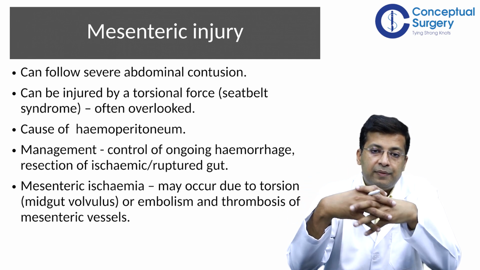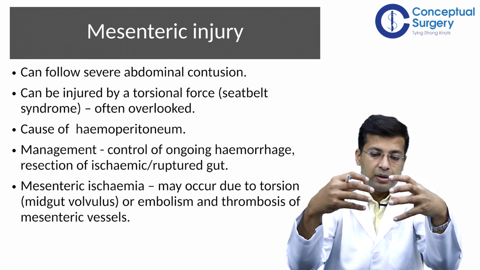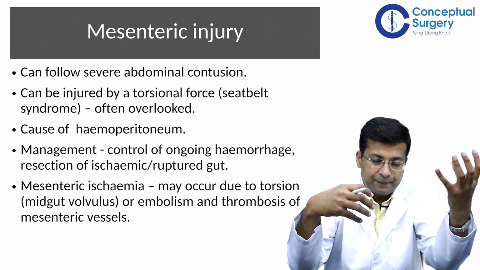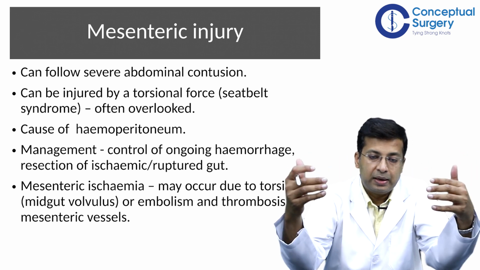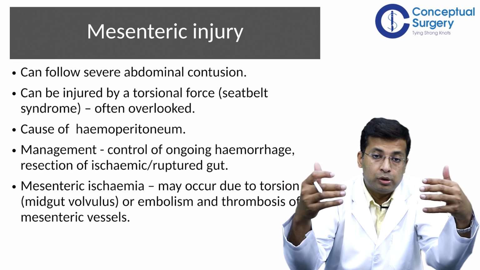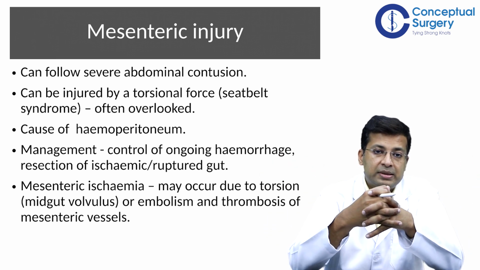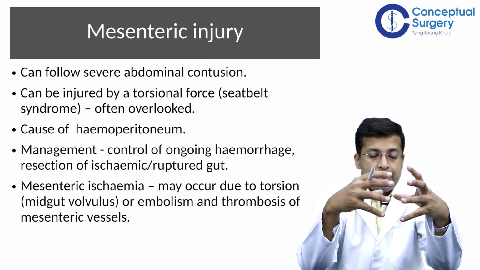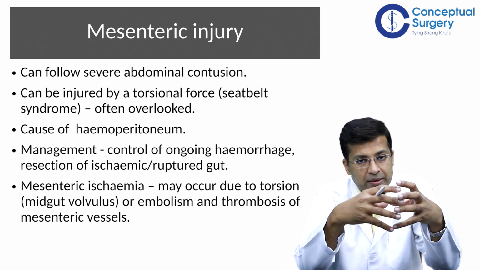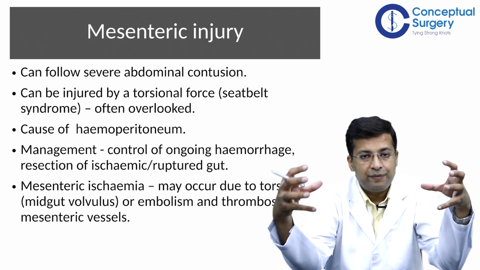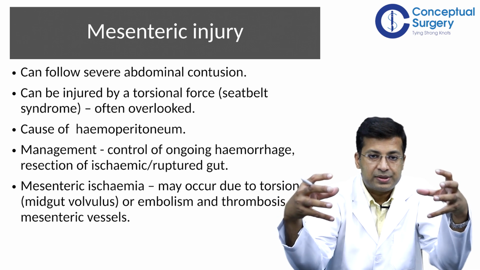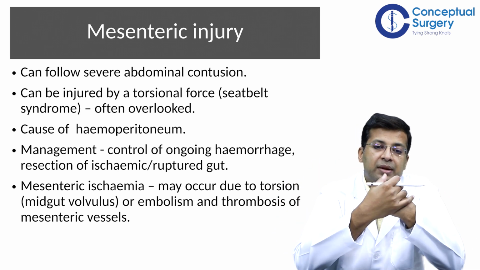So, when there is intravascular thrombus formation, the blood supply to the overlying intestine can get affected. Although because of the extensive collateral formation within the mesenteric vessels, this is seldom of consequence. But in case there is a large number of vessels which are affected by this intravascular thrombus, it can cause mesenteric ischemia.